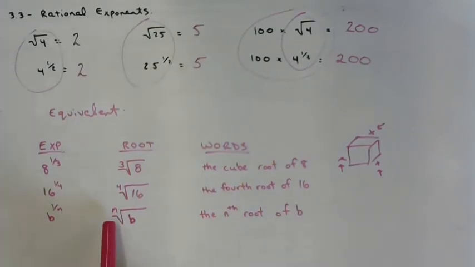So n is the number of factors, b is the result, and the nth root of b is the number that gets to b after multiplying by itself n times.